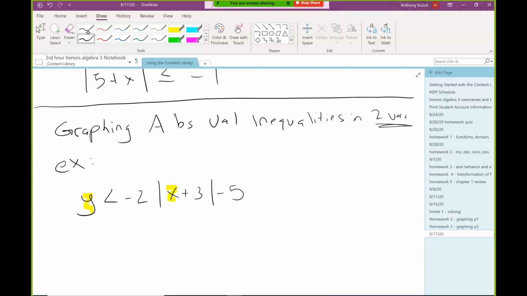So when I have an inequality in two variables, it's always going to contain, I shouldn't say always. So, okay. When I graph an equation in two variables, I have an infinite number of solutions to that, right?